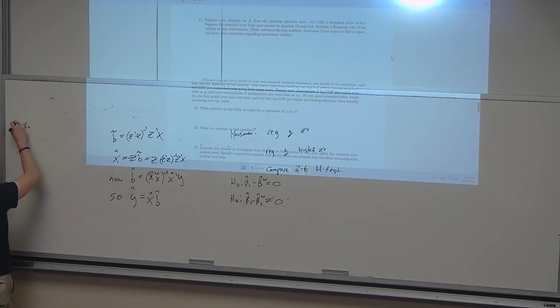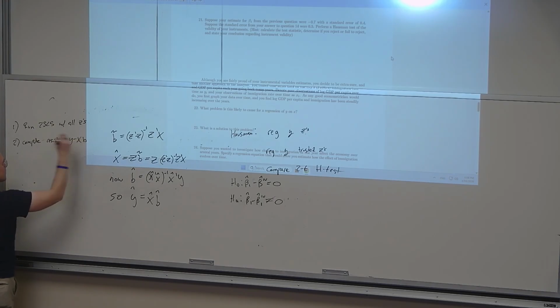Then you compute your residuals. Then you regress your U hat on your Z's. And then it's like an F test, and your NR squared is chi-distributed.